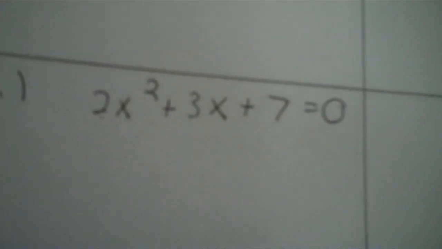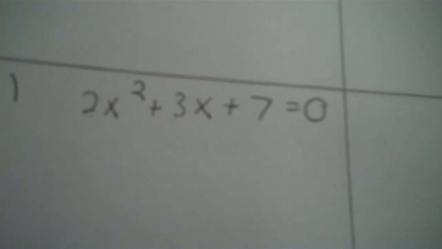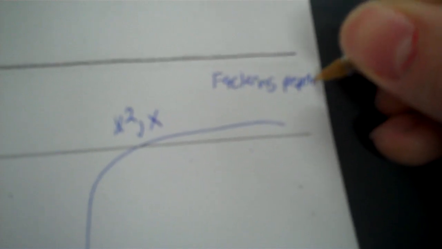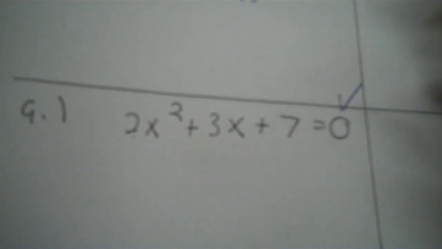Last problem, 2x to the second power plus 3x plus 7 equals 0. Okay, factoring properties now are used. Okay, and equals 0, you have it, and there's three terms. There's two answers.